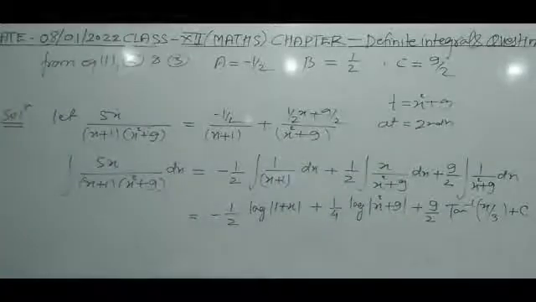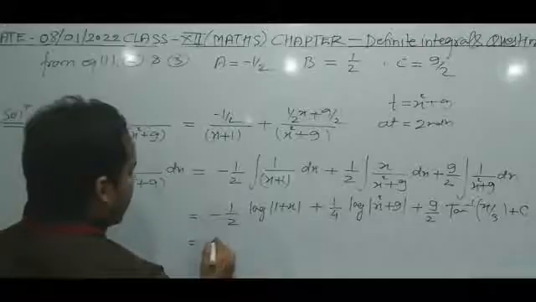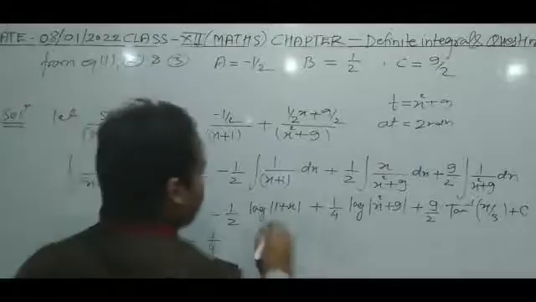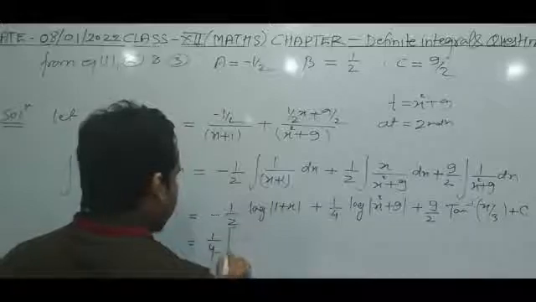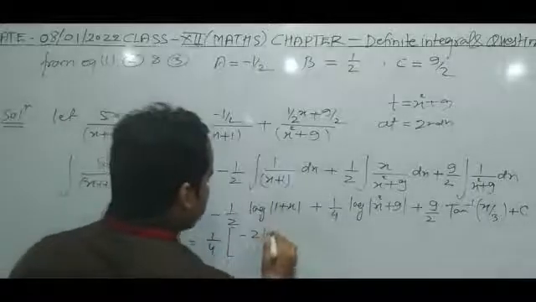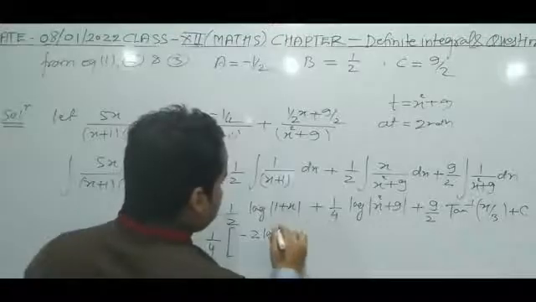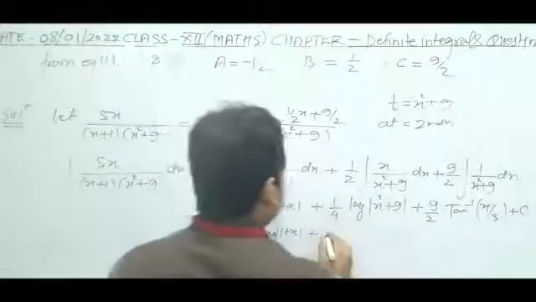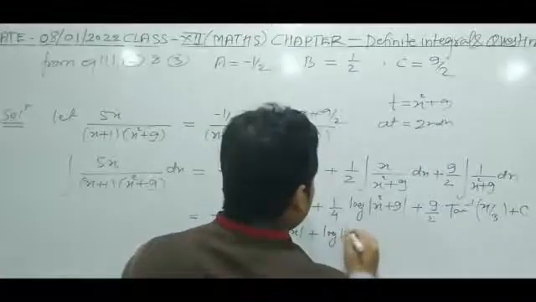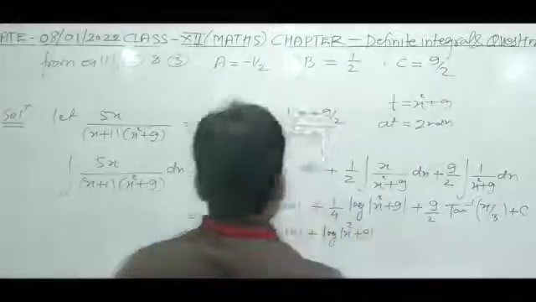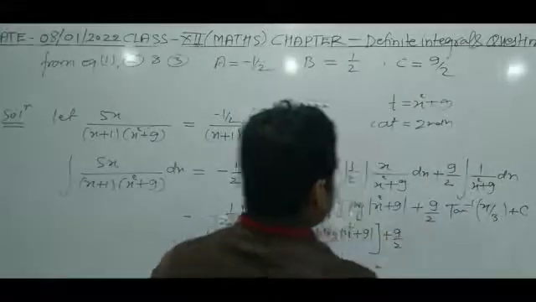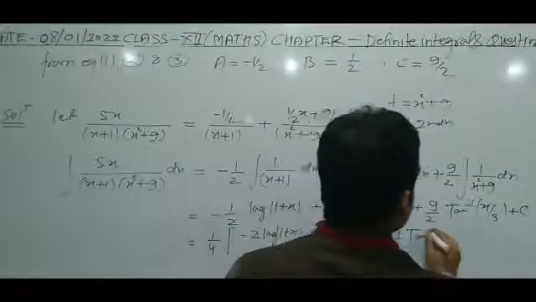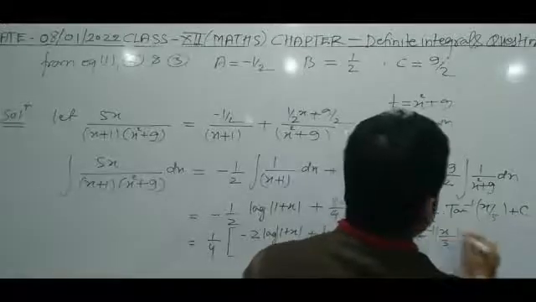So what can we write? In short, suppose you take 1 by 4 common from these two terms. So this result will be minus 2 log of mod of 1 plus x plus log of x square plus 9 plus 9 by 2 tan inverse x by 3 plus c.